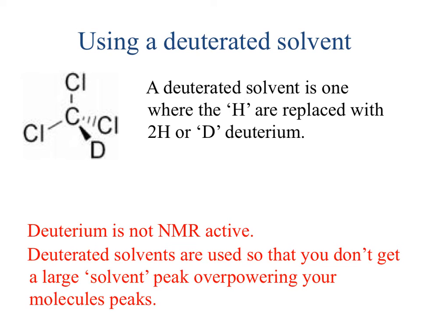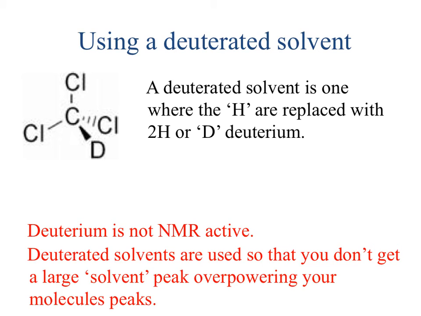And if you draw the structure of that solvent in beside the question. Now a common solvent that we use is trichloromethane. Okay, so we have got the 3 chlorines and we have got the one normal hydrogen, if you like, replaced by this H2 or this deuterium.